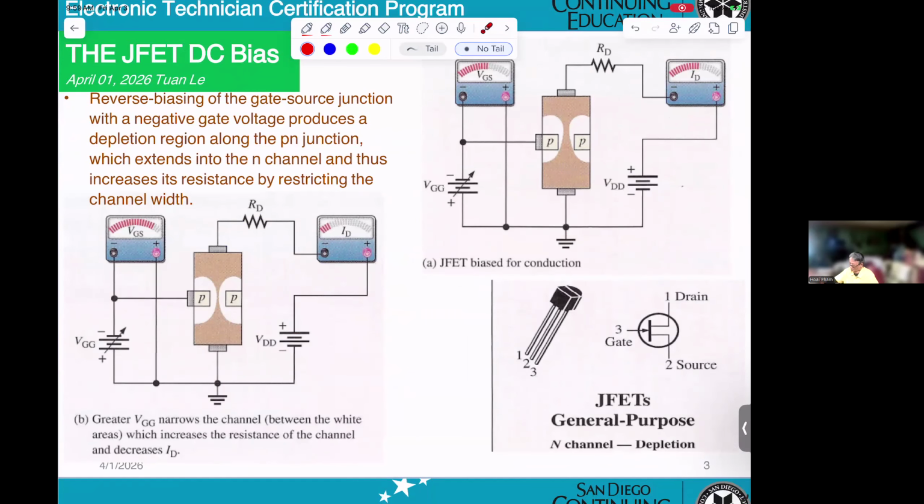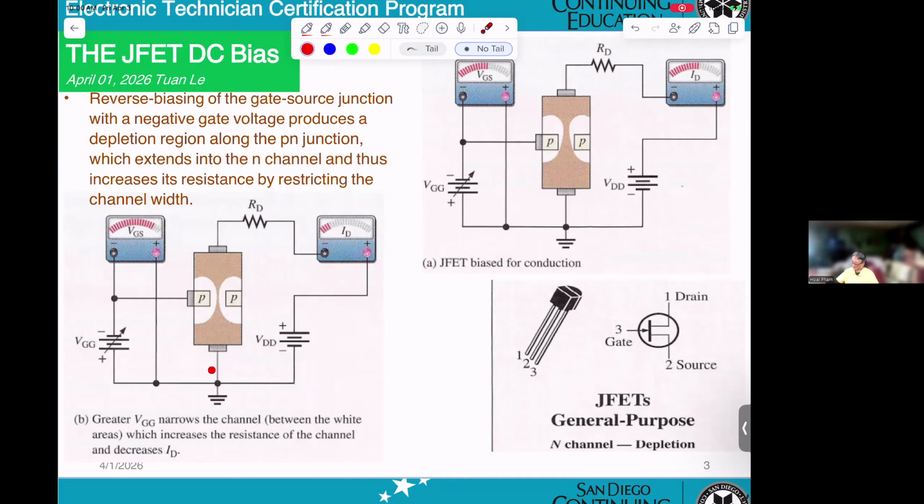This is a two-sample picture showing you basically what I am talking about. This is the drain, this is the source, and this is the gate. You get a negative VGG voltage. They connect a meter to measure the VGG, and also a meter to measure the current ID.